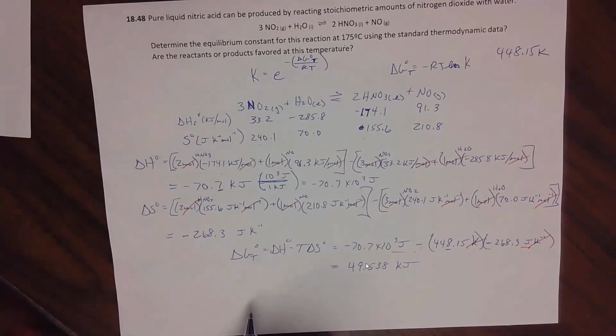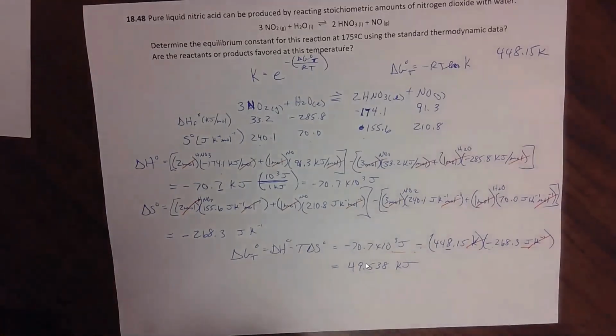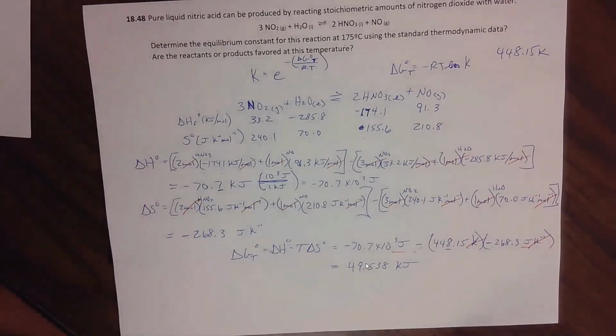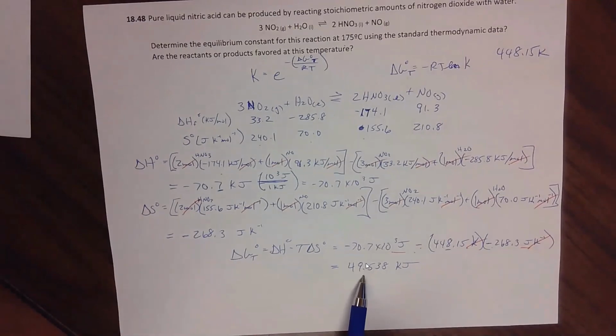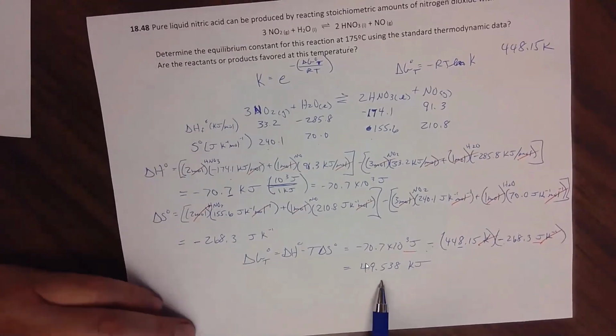So what does that tell you about the value of K? If this is positive, what's that tell you about the value of K? And again, you want to think about this stuff so that you can make sure that your work is correct. So what do you expect the value of K to be if del G is this value? What does this value tell you about this reaction?